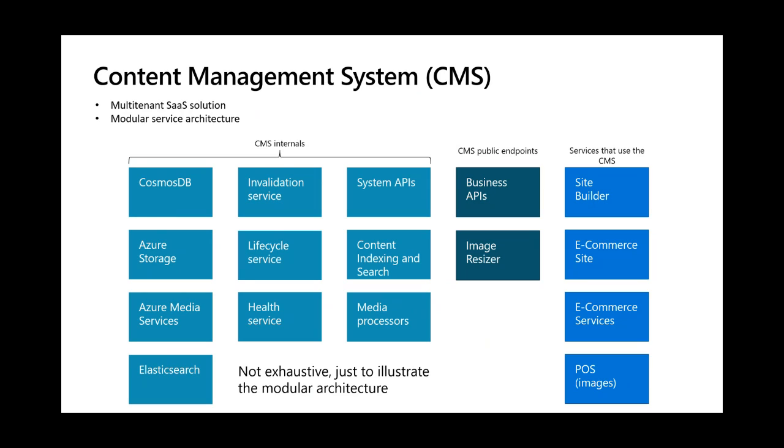Moving on to the next column. In the CMS public endpoints column, you can see examples of endpoints exposed on the CMS that the services use to manage content stored in the CMS. Business APIs expose multiple APIs for managing assets, content, and content types in the CMS. And all the operations that can be done using the site builder, they go through the business APIs.